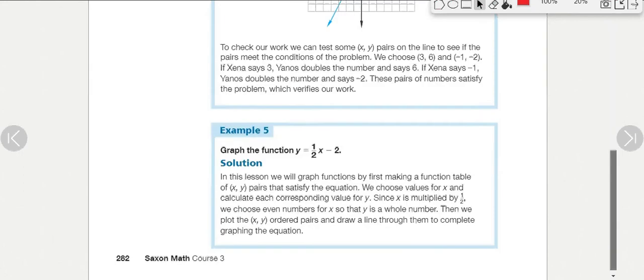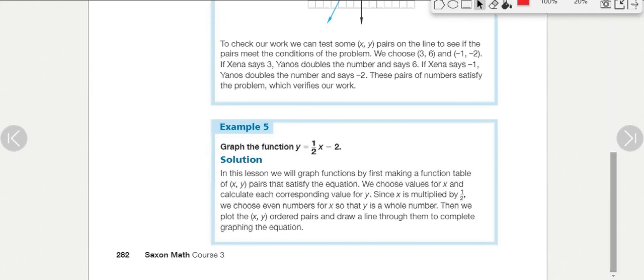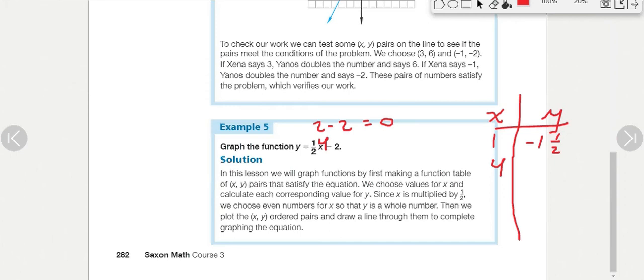If you want to graph the function y is 1/2 x minus 2, just make a table, an x and y table. Put in 1 for x means half minus 2 would be negative 1 1/2, right? Put in 4, and you get 2 minus 2 is 0. Let's try putting in a negative number and see what happens.